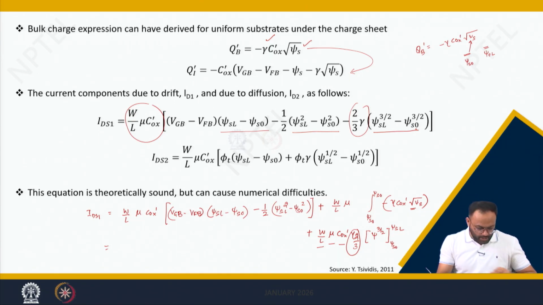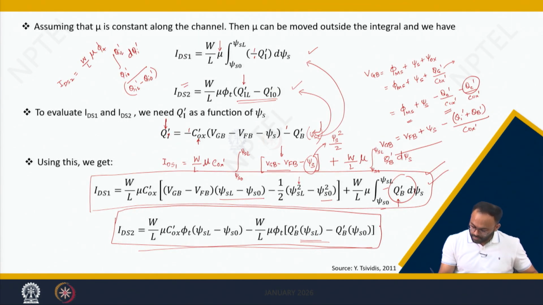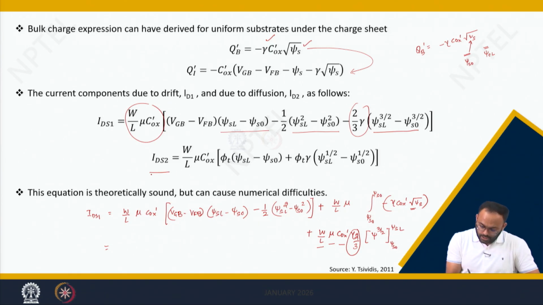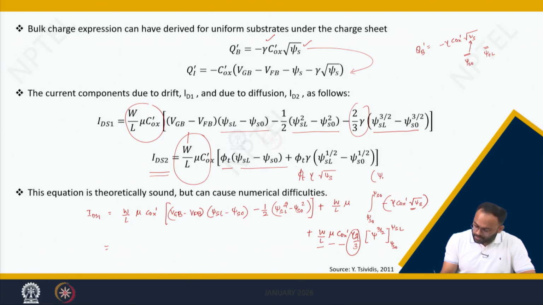Similarly, you can put Qb dash here in the previous equation and calculate IDS2, where you are taking W by L mu into Cox dash common and you are rewriting phi t into (psi sL minus psi s0) plus phi t into gamma root psi s. So when you put psi sL, ultimately it will become psi sL to the power 1 by 2 minus psi s0 to the power 1 by 2.